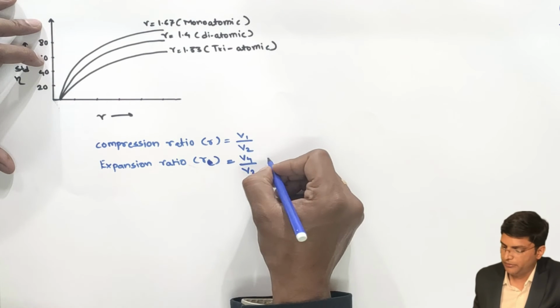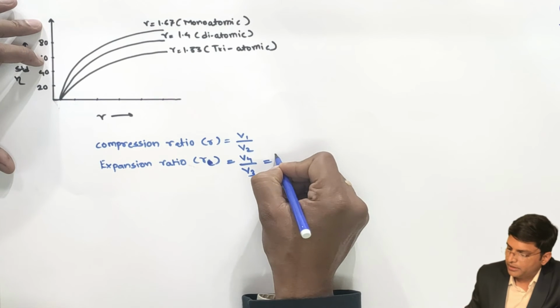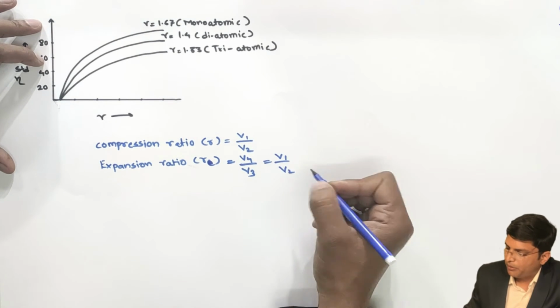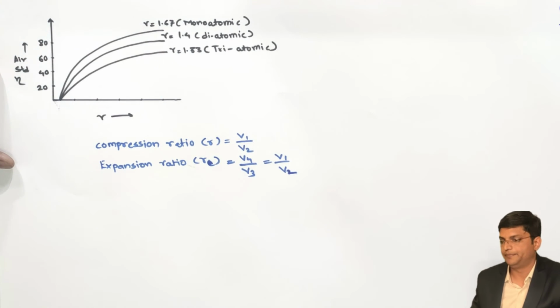Now from this equation we can understand that V4 upon V3 is equal to V1 upon V2 according to the PV diagram.